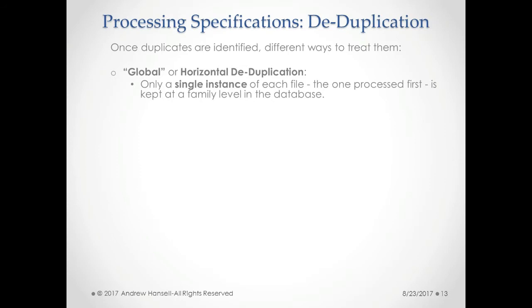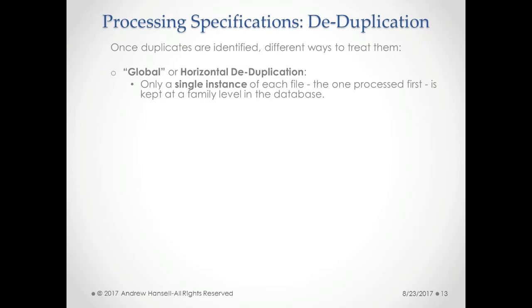So for example, if I have an email that was sent by one custodian to 3 other custodians, I may have 4 separate copies of that email or even more that are all identical, because I have the sender's copy and I have the 3 recipients' copies. The database is going to remove 3 of those versions.